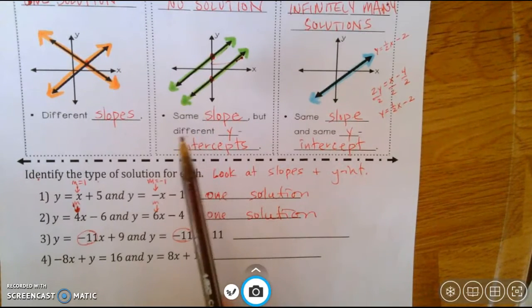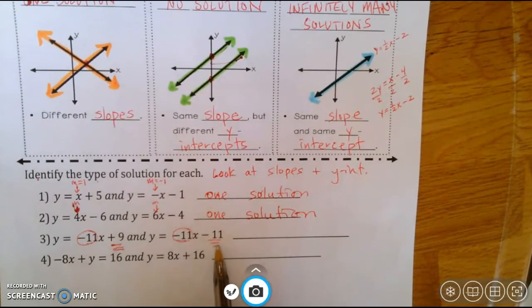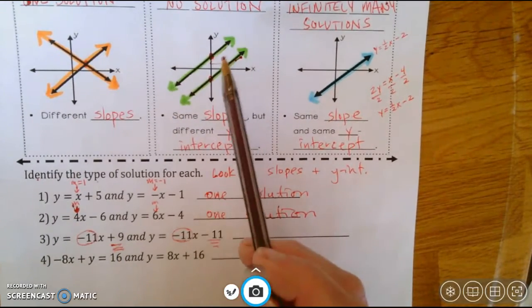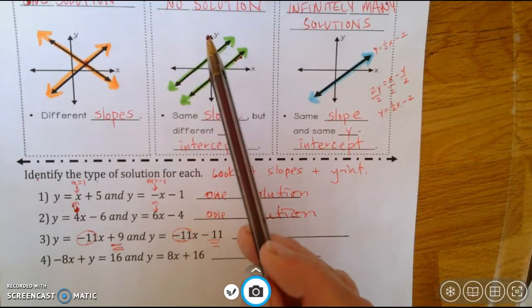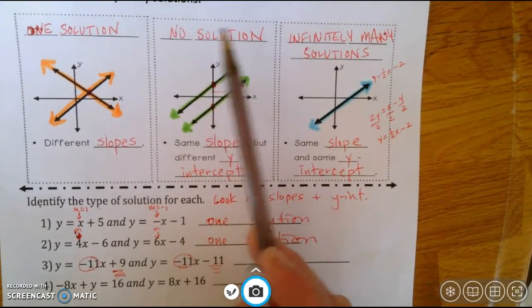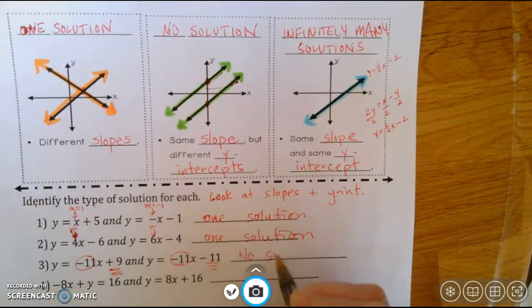What we need to look at now is the y-intercept. The y-intercept on the first line was a positive 9. The y-intercept on the second line is a negative 11. So what that means is it fits this scenario. Both lines will be parallel, but one crosses the y-axis down here at negative 11, and one crosses the y-axis way up here at positive 9. So you're going to grab the title of no solution for number 3.